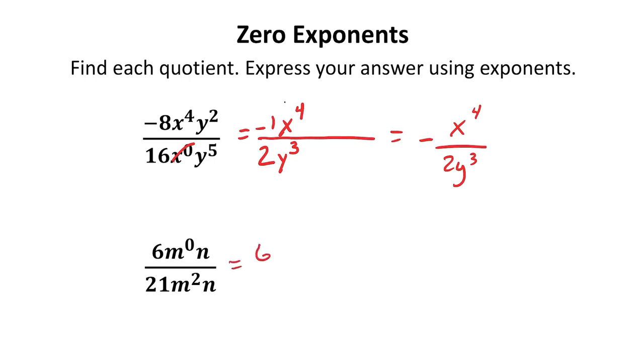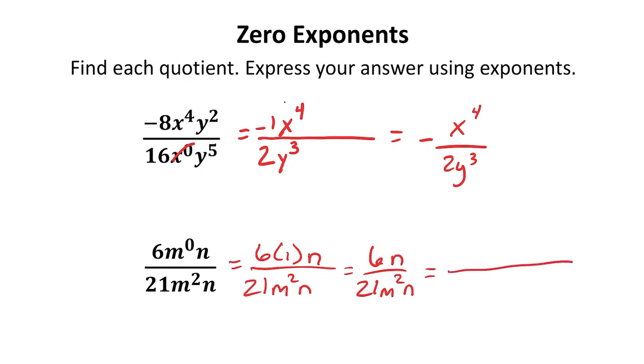Down here we're going to have 6 times 1 times n over 21m squared n. This is just 6n over 21m squared n. 6 over 21 doesn't simplify. That stays the same.